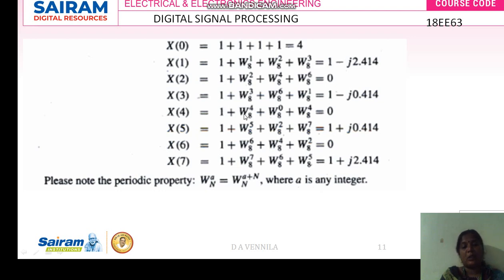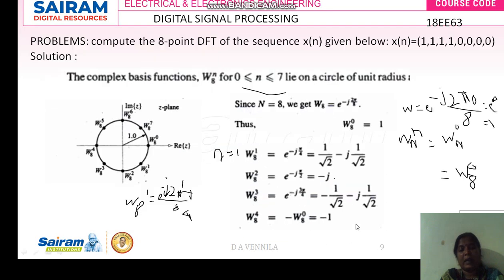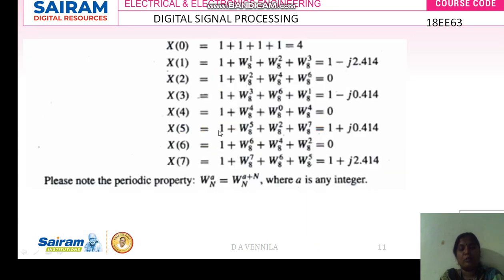Next one is x of 1, omega, k is equal to 4 into 1. 4 into 1 is 4. Then you will get omega 8 4. All the real factor values we have calculated already: omega 8 0, omega 8 1, omega 8 2, omega 8 3, omega 8 4. All the values you are going to substitute in this equation and simplify. You will get this answer.